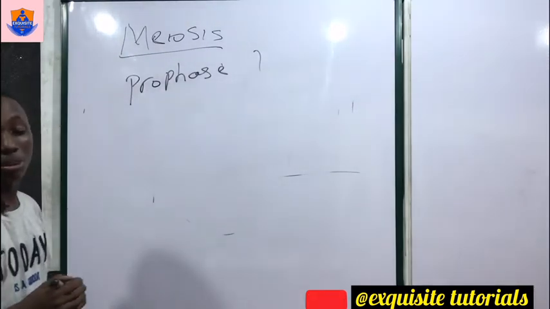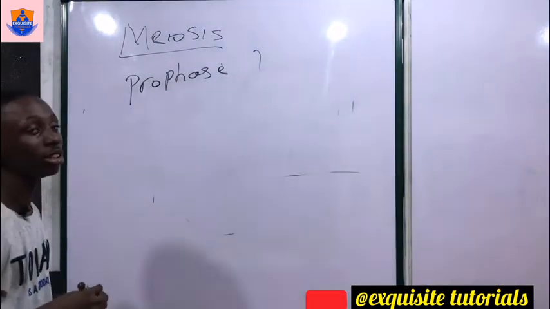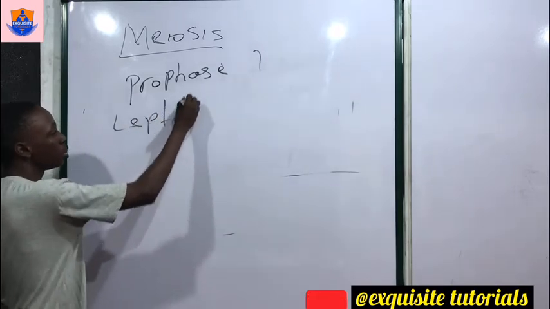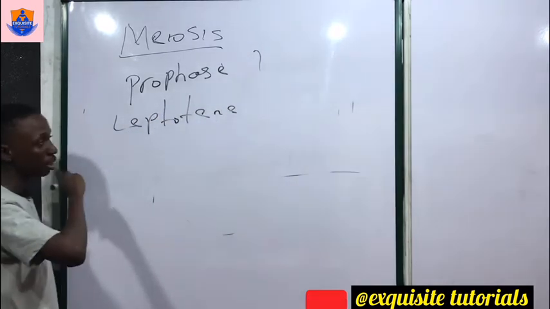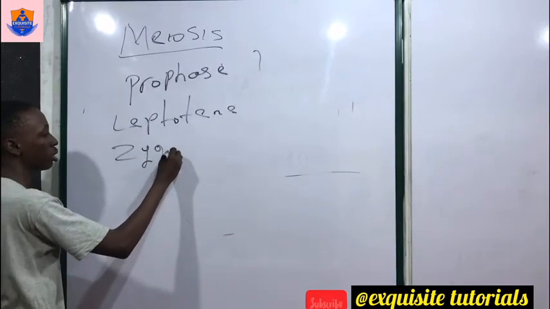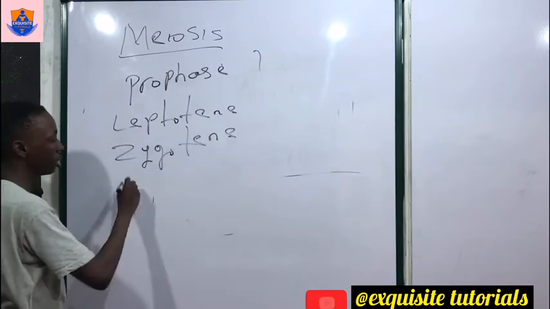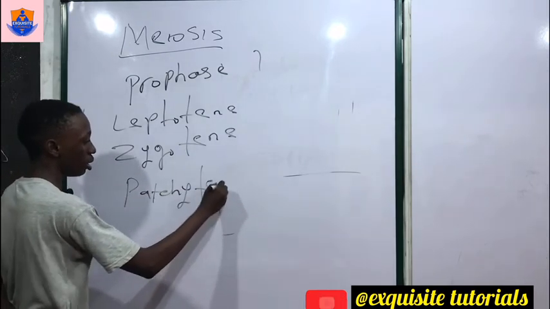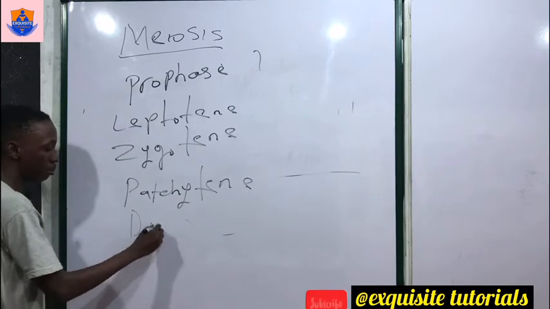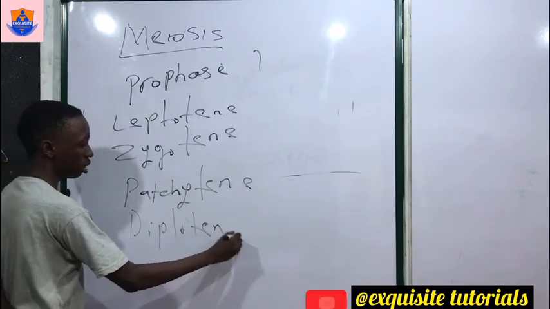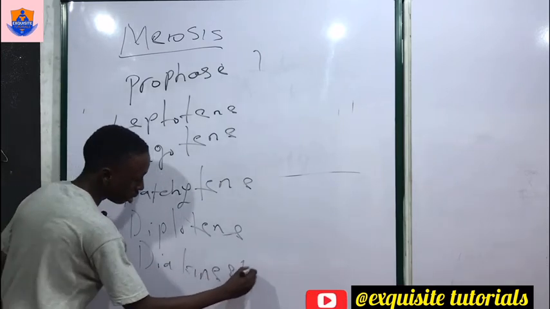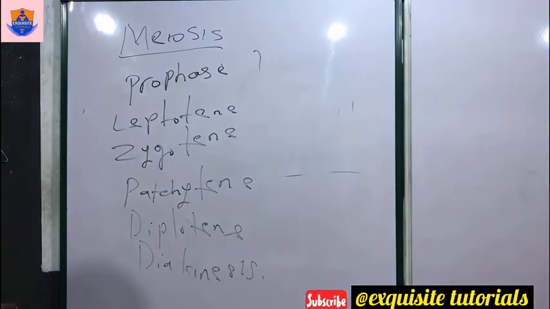Now, this prophase 1 can be subdivided into the following stages. We have the leptotene, zygotene, pachytene, diplotene, and diakinesis.